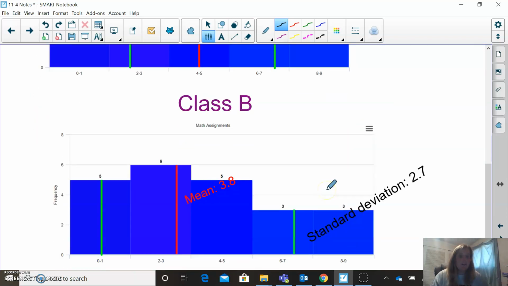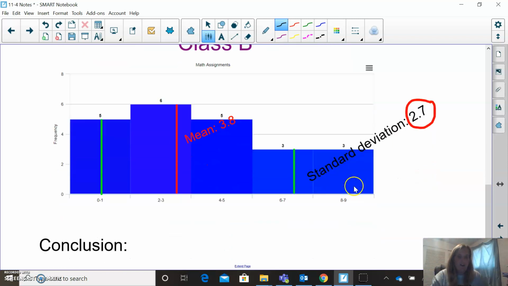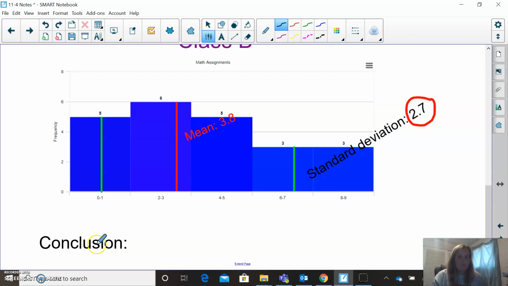The standard deviation for class B is 2.7. This has a higher standard deviation. If the standard deviation is higher, that means the data for class B is more varied, and if the data from class B is more varied, that means it's more volatile.